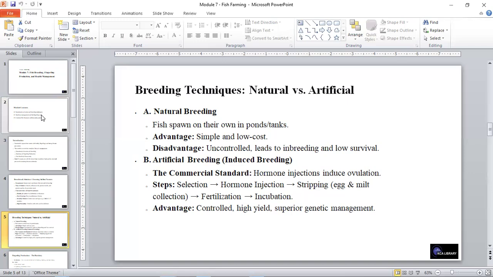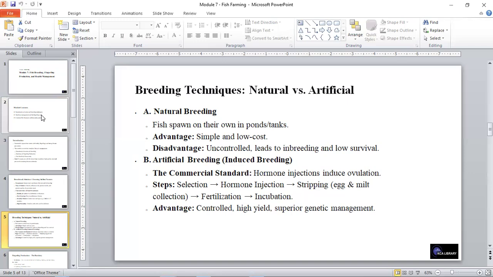For the artificial breeding, which is also known as induced breeding, it is very okay for a commercial standard. Hormone is being injected to induce ovulation in the matured parent stock, that is matured fishes, male and female. Then the steps include you select the male and female, then you inject hormone.